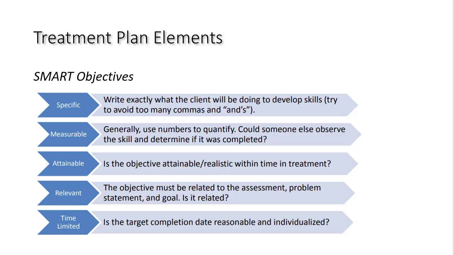It's not attainable because there needs to be some smaller stepping stones in there. Most of the time, people are pretty good about making their goals attainable. There are some situations where somebody might make a goal that's completely unattainable, and that can be.